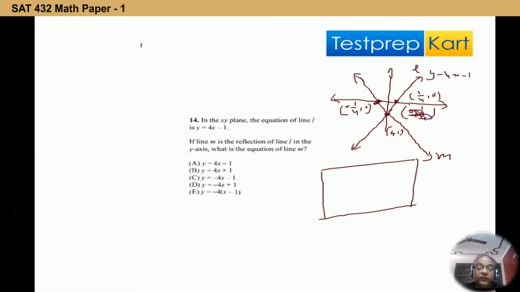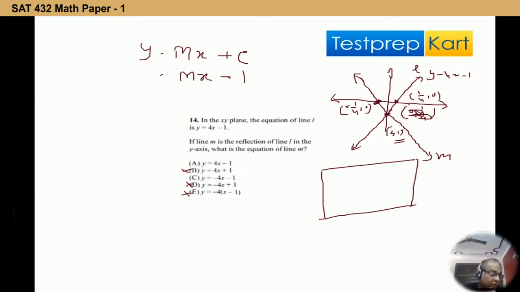As you know, my line is y is equal to mx plus c, where c is the y-intercept. Now the y-intercept is negative 1, so this will be mx minus 1. If you see the options, b or d is just not possible. Similarly, e is also not possible.